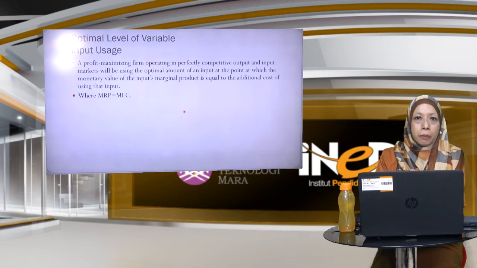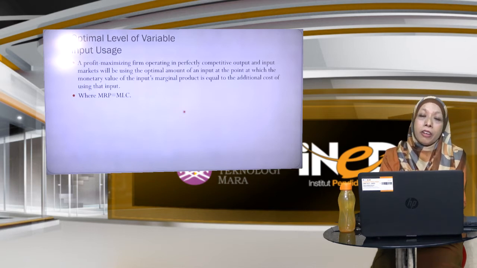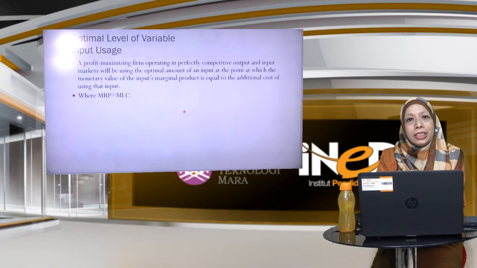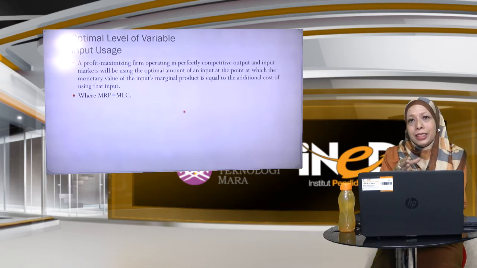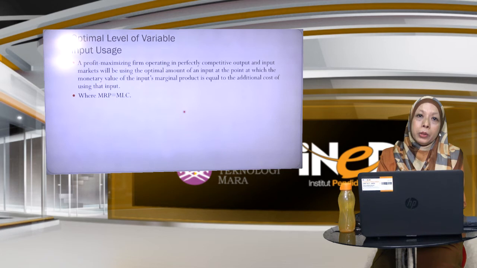Well, the stages of production provide us with the ideal stage of hiring your variable inputs. As you can see, stage 2 is the most ideal stage. It starts from the maximum point of your average product up to the point whereby total product is maximized. But the stages of production only provide the intervals for the ideal number of variable inputs, so it doesn't tell the firm exactly how many labor to hire.